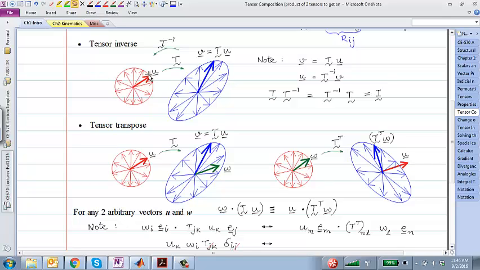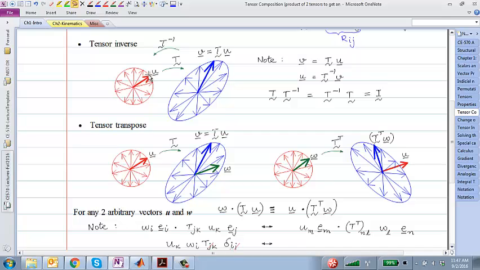No surprise there. And any guesses on how you can get the components of the tensor inverse? Inverse matrix, right? If you know the components of tensor T, you just invert the matrix, and that would be the components of the tensor inverse.